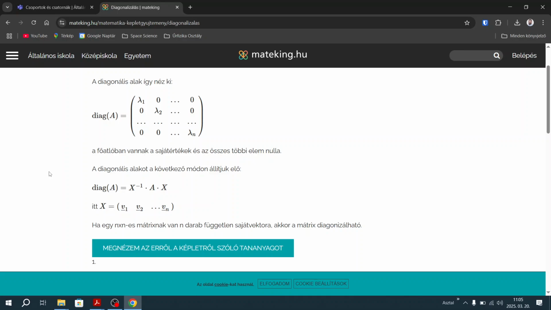So, this is the target, or eigenvalue, will be in the main diagonal. What we should do? We create a special matrix, invert it, and multiply the original matrix with it. Perhaps it will be more difficult than this one.